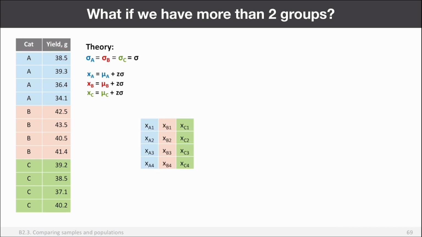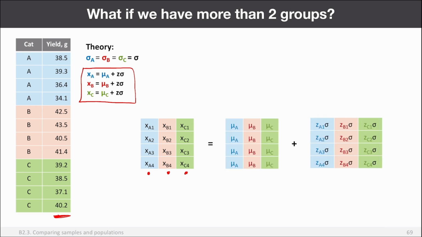Now let's think, if we indeed assume that the populations are normally distributed, we can write this in a matrix form. These are all x values we got from the first population. These are all x values from the second population. This is from the third population. And when I say x values, I mean the response in this case. So all these values, for example this one, this is how we define it. It came from a population with this expected value, and this is the random part.